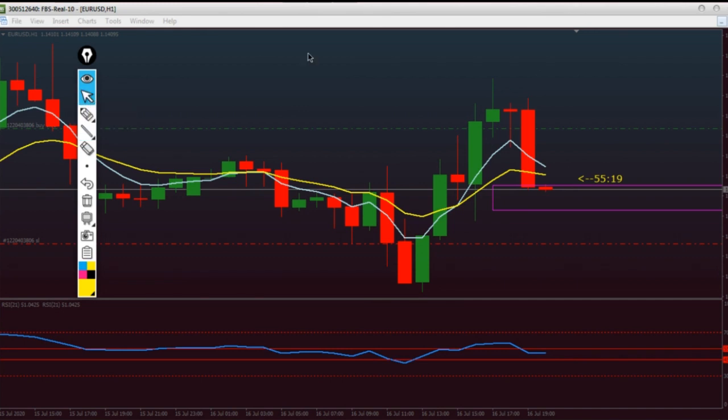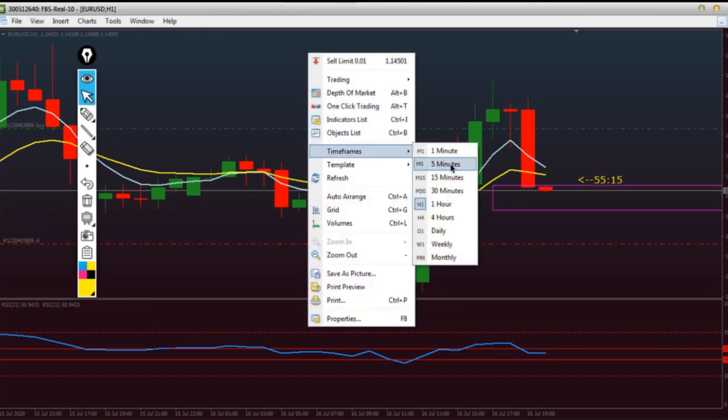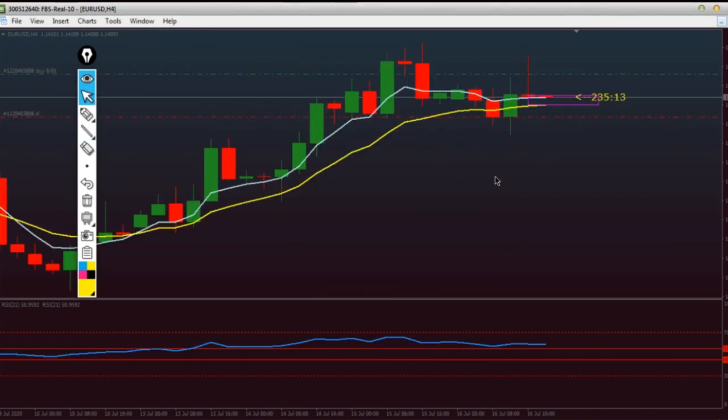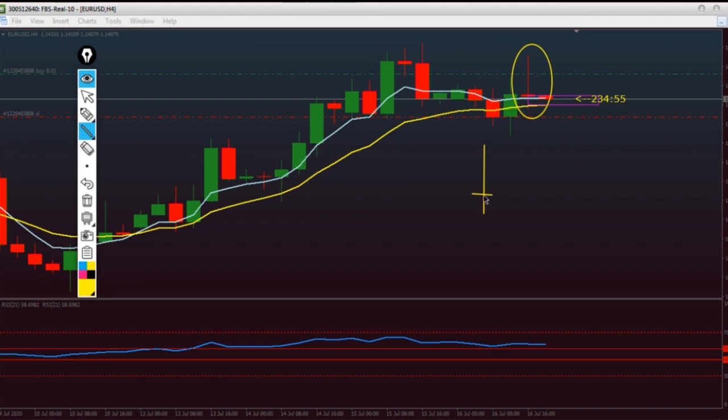If you go to the high time frame, it's 4 hours. Here you see a clear picture. See that candle here? The hammer or a doji or anything, name it, but it's got a long tail like that and a small body.